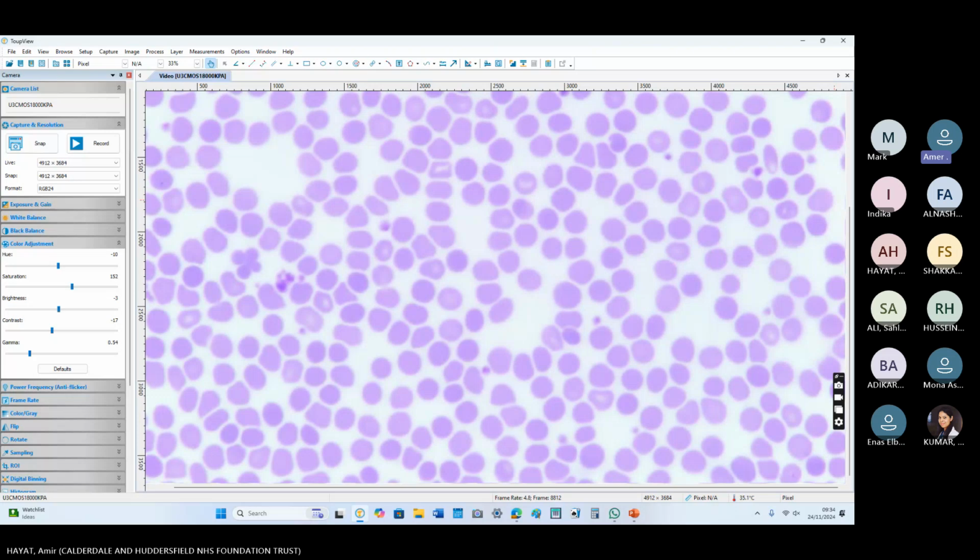So whenever the counts are high, do not jump to MPNs directly. We always rule out secondary causes, like for example dehydration. Is the patient dehydrated or no? And then we go for smoking, OSA.